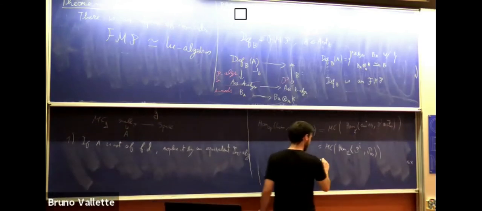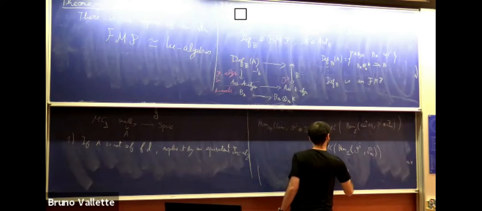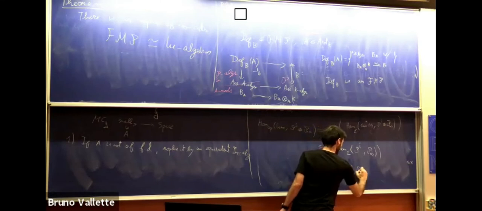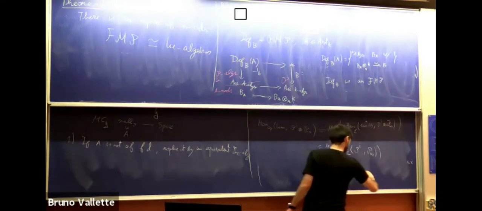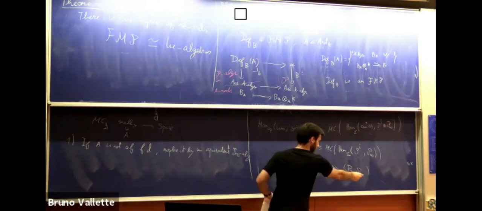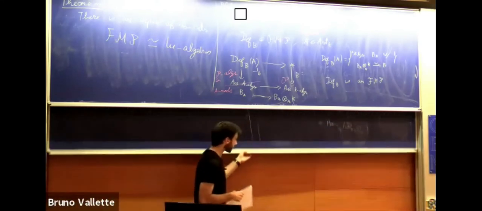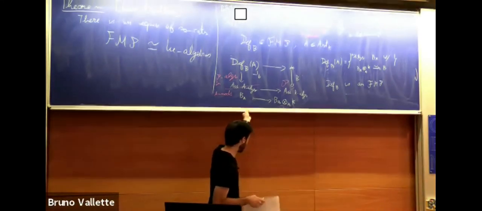But then you use again just the bar-cobar isomorphism story and conclude that this is the same as Hom of operads from P infinity to P infinity. So you could take here the image of the identity via these identifications.